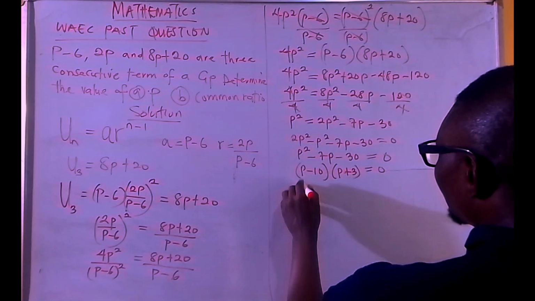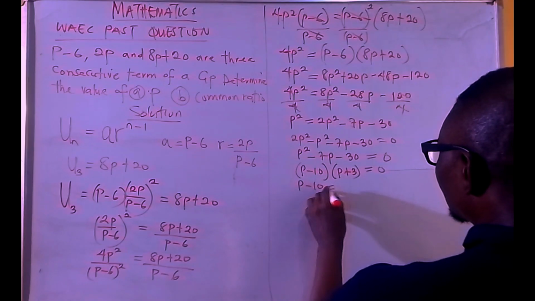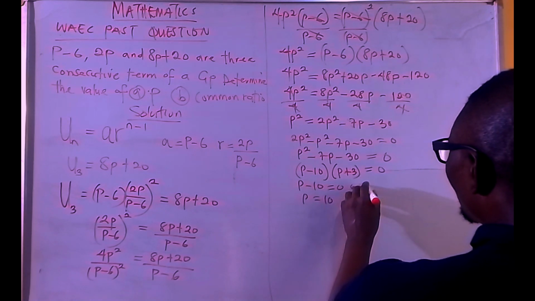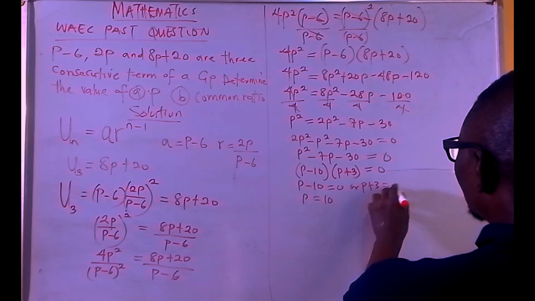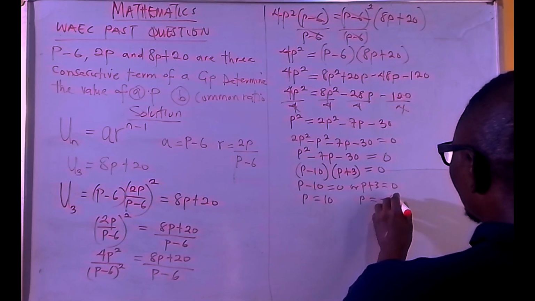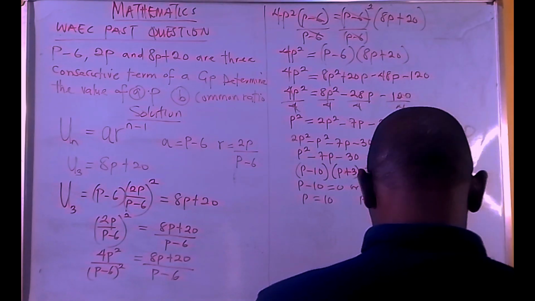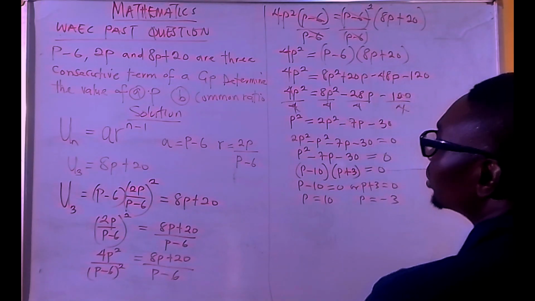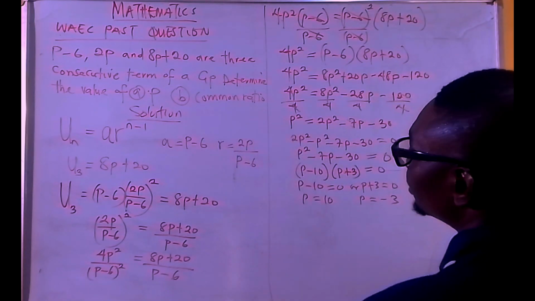So at this point, P minus 10 is equal to 0. Therefore, my P is equal to 10, or P plus 3 is equal to 0. Then P is equal to minus 3. So P is either 10 or minus 3.